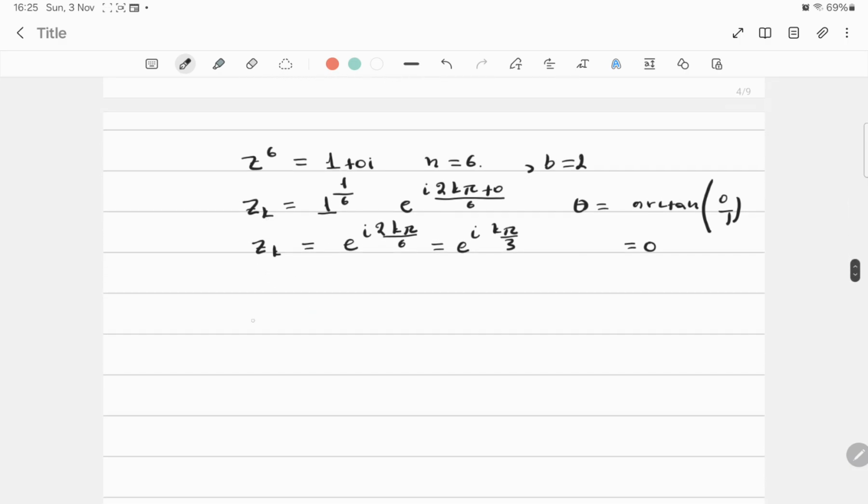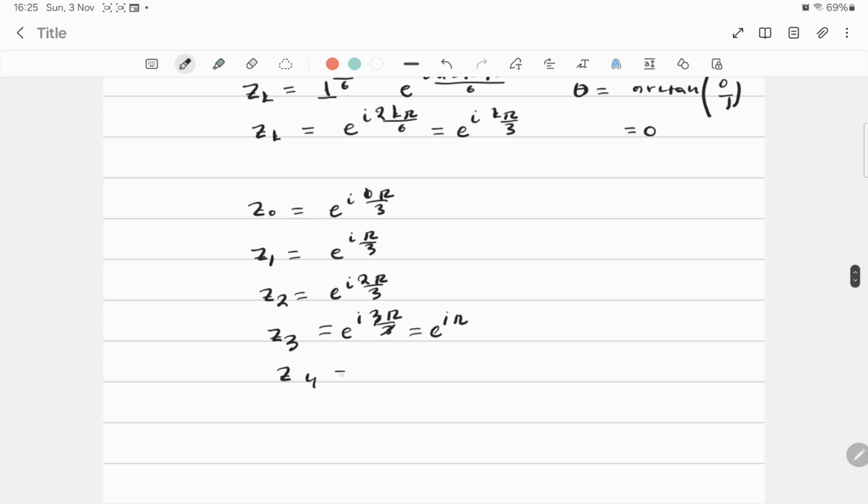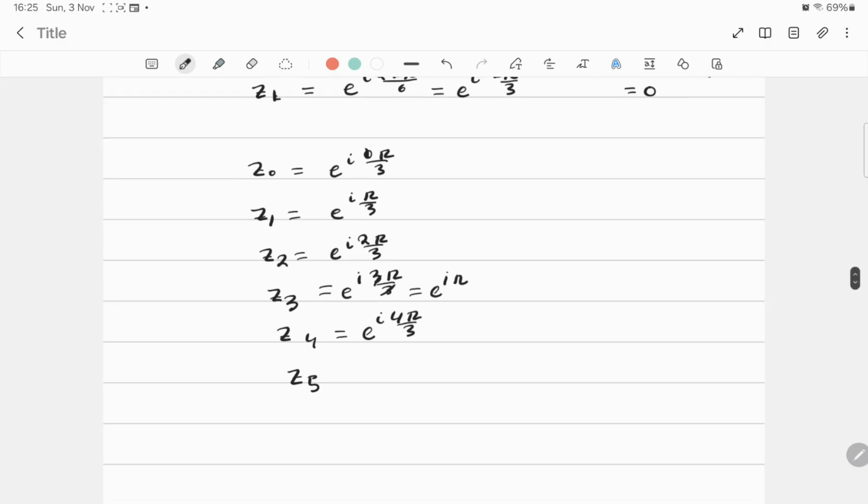So we have to calculate 6 roots. z0 is e to the power of i 0 pi over 3. z1 equals e to the power of i pi over 3. z2 equals e to the power i 2 pi over 3. z3, 3 pi over 3, so it's e to the i pi. z4, e to the i 4 pi over 3. z5: how many roots?